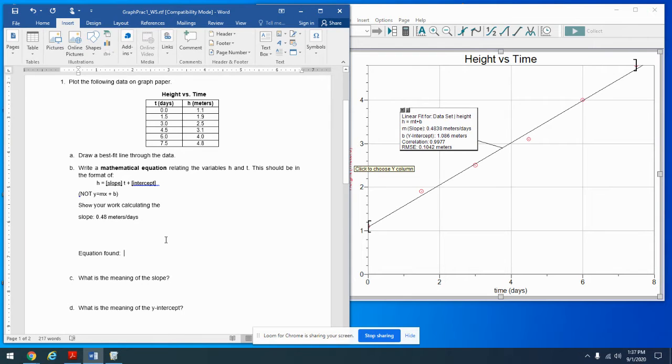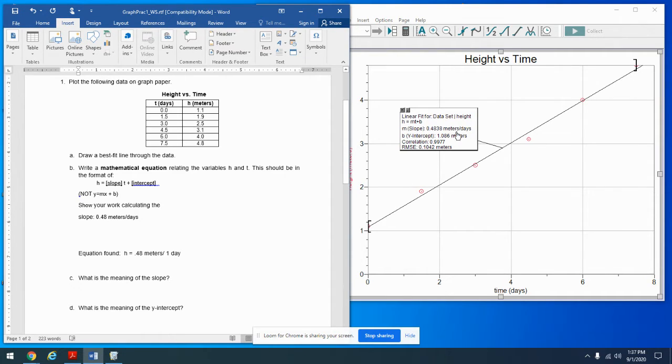So H equals, now let's see, M right here tells me is the slope. That's this number, including the units, 0.48 meters over days. And that's really like over 1 day. It says over days. I'm going to put over 1 day there. I'll talk about that in a second.